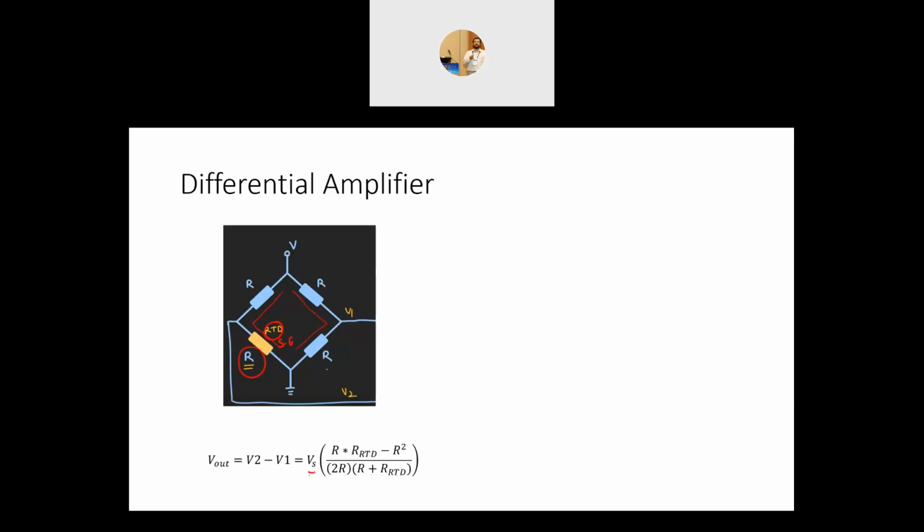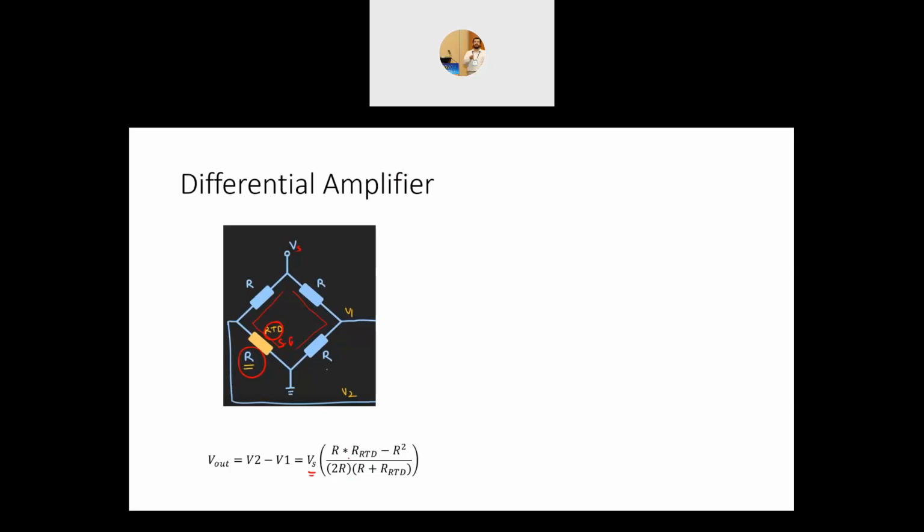It's Vs, this is Vs, the supply, times those resistor values in this formula. Now the derivation for this formula, I will keep a link for you in the video description to see how we derive this formula if you are interested.